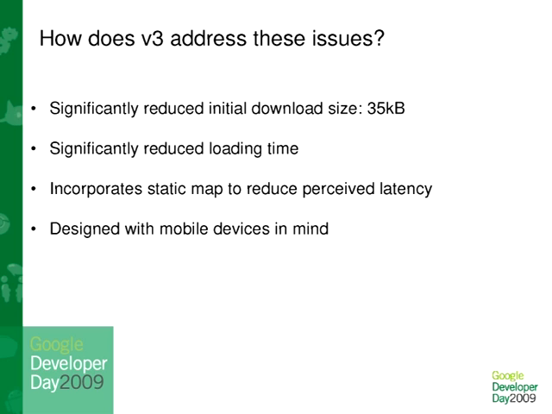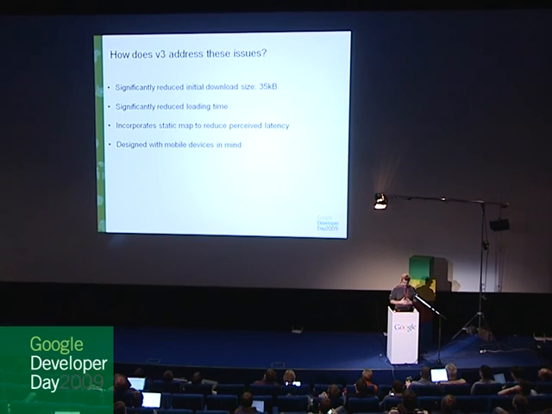So the download size is now 35 kilobytes. So it's faster to load, faster to parse. And by default, it does what I just mentioned, which means it provides you with a static map of your viewport first, and then replaces it with the tiles as needed. So the whole V3 API has been designed for mobile usage to be fast, fast, and fast.